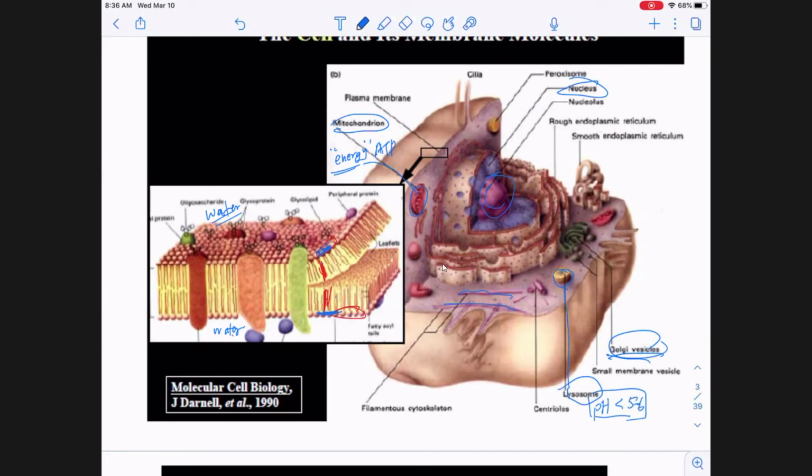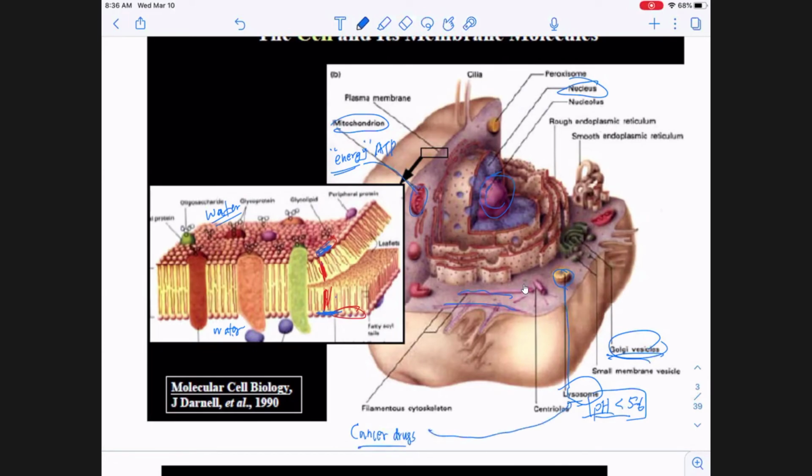Any foreign body materials engulfed by cells will go to the lysosome for digestion. Many cancer drugs or nanomedicine go this way.